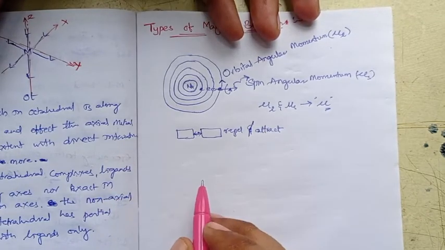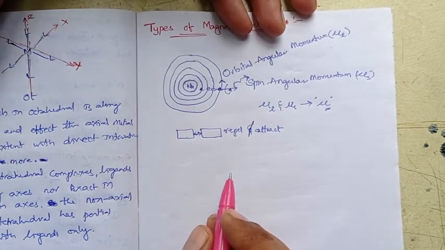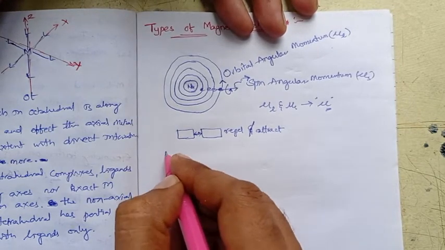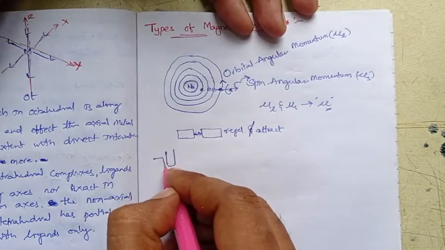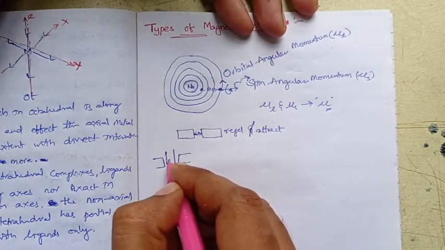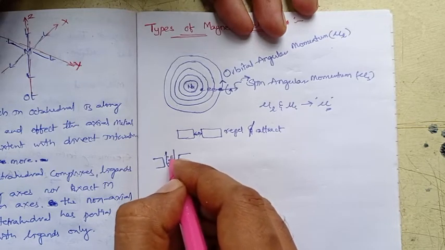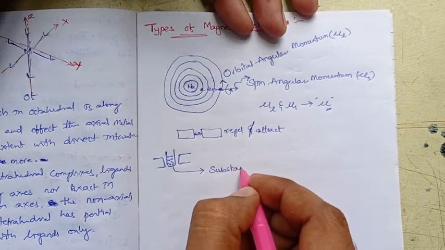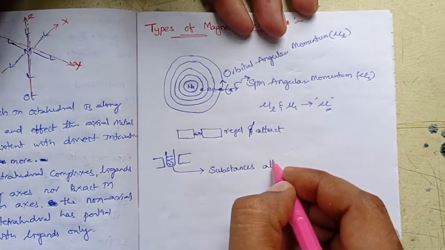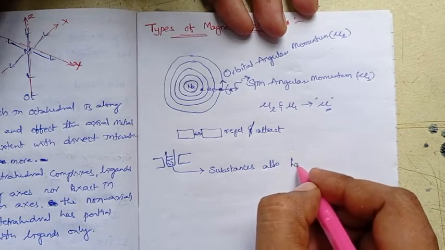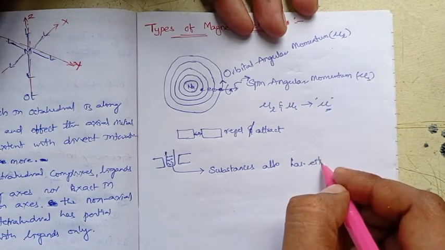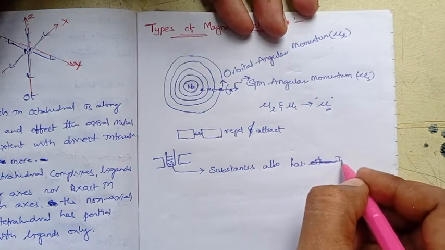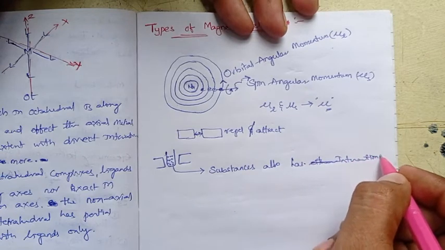Similarly, when a substance is placed in an external magnetic field, when you place a compound in an external magnetic field, certainly the substance will have interaction.